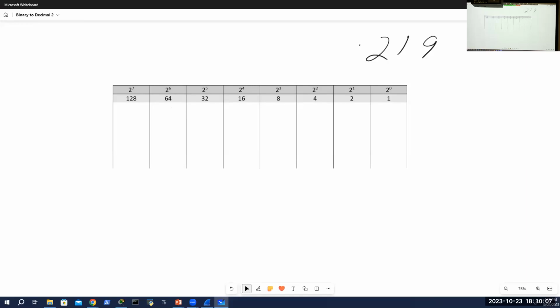Going from decimal to binary is what you have to do more often than the other way around.